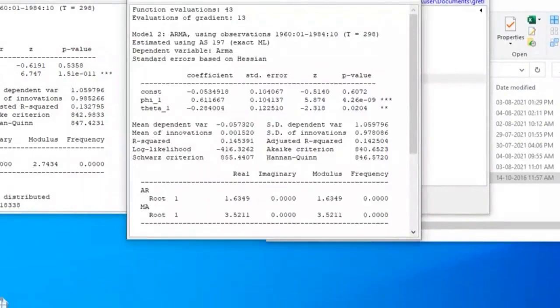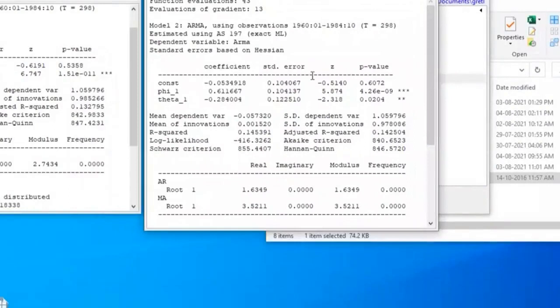Now, similarly, we can have a large number of models, and then we will find out which model we have to select. Where we have the minimum information criterion, that model we will select. Now, I'm not going into the entire process. It will take a lot of time. You can try that. Rather, I will compare these two.